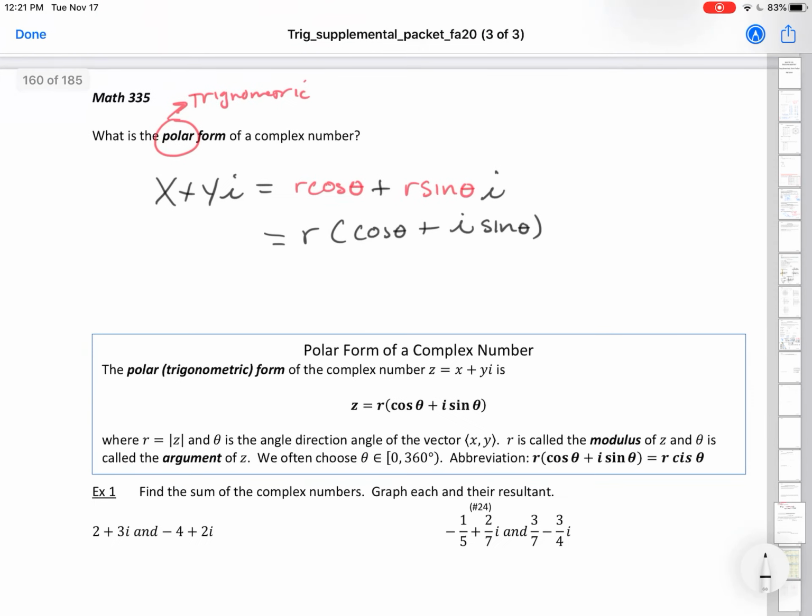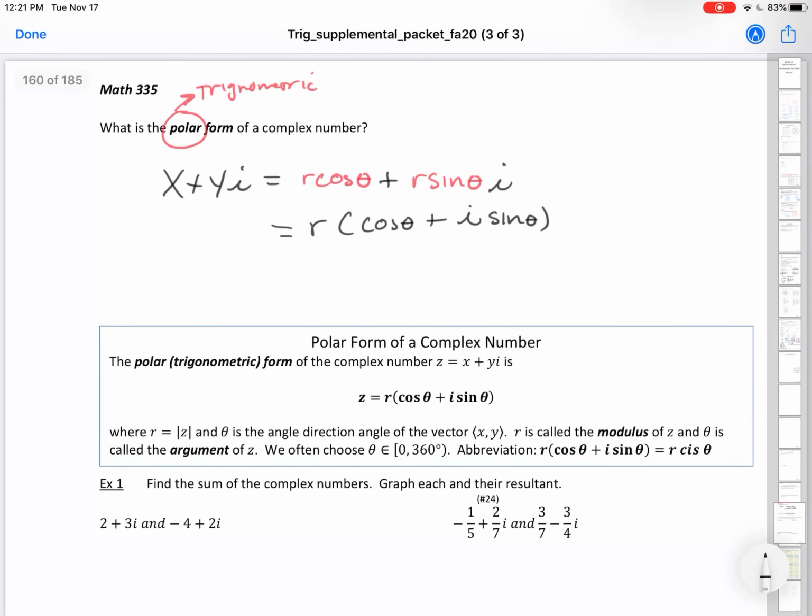You can see that right below. The polar or trigonometric form of a complex number is z equals r cosine theta plus i sine theta, where r is the magnitude of the vector, because we want to consider it to be a vector. But r we know is the square root of x squared plus y squared, right? Remember that's what magnitude was.